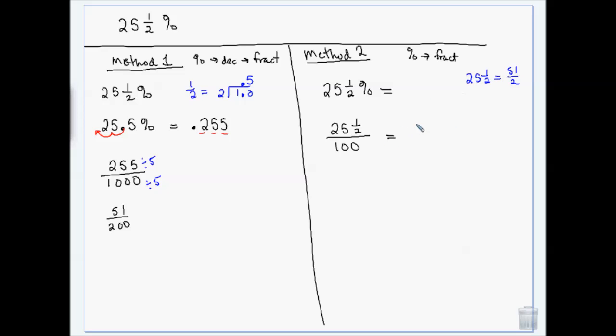So that is 51 halves over 100, which is still not allowed. So that's the same thing as 51 halves divided by 100, which is the same thing as 51 halves times 1 over 100, which is 51 over 200.